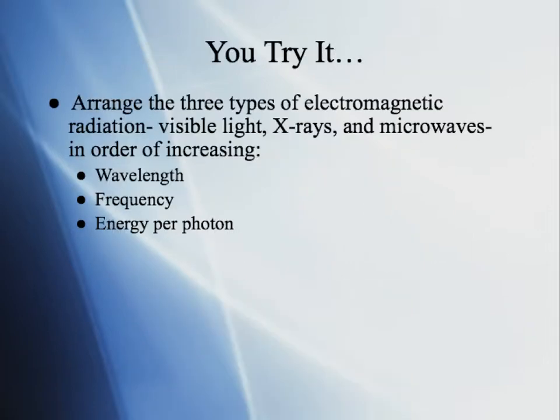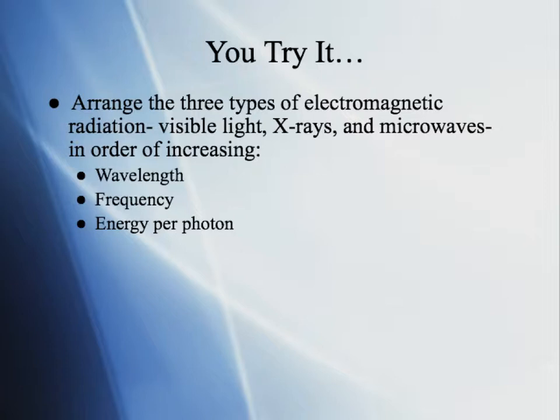All right, so now that you know what you know about the electromagnetic spectrum, you can do this little exercise by putting the three types of electromagnetic radiation, visible light, X-rays, and microwaves, in order of increasing wavelength, frequency, and energy per photon.